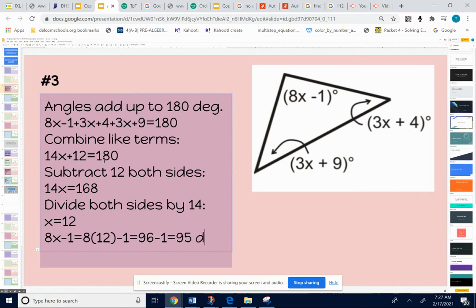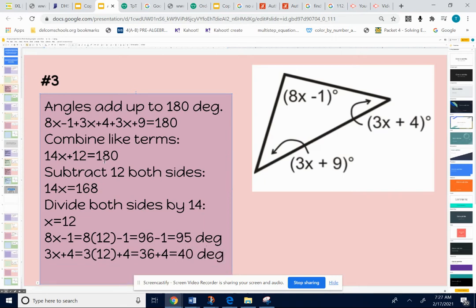So one angle is 95 degrees. The other angles, well, there's 2 more. We have 3x plus 4, which would be 3 times 12 plus 4. I'm just putting 12 in for x. 3 times 12 is 36 plus 4 is 40.